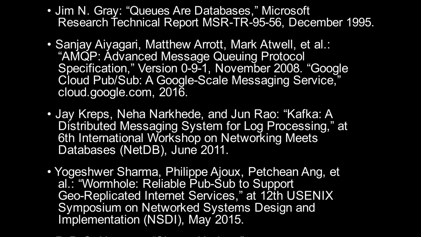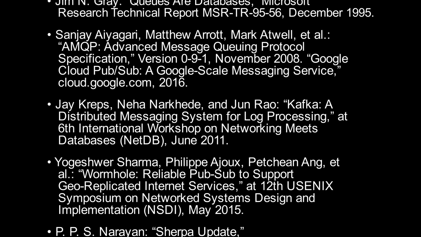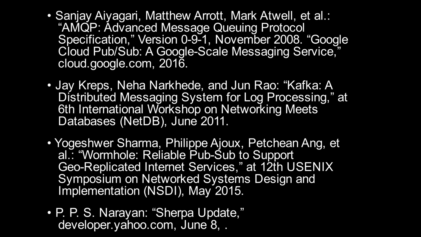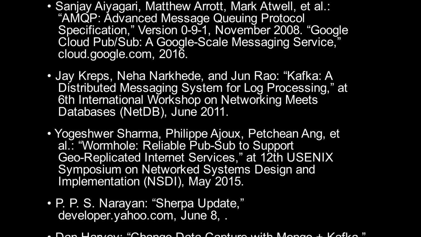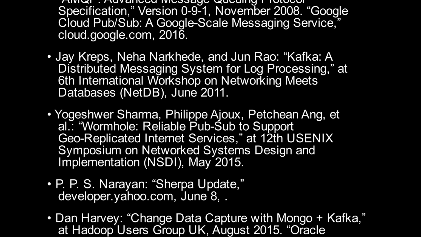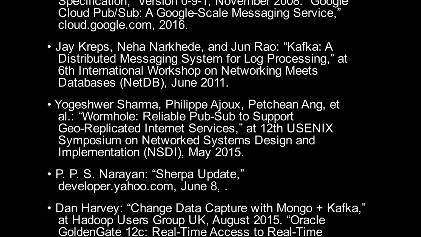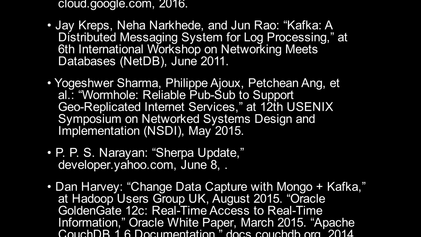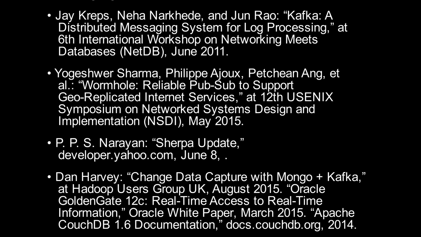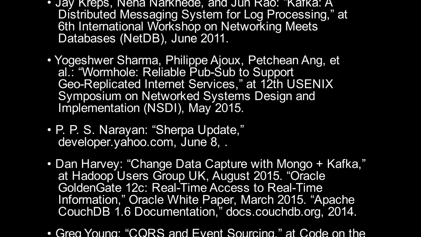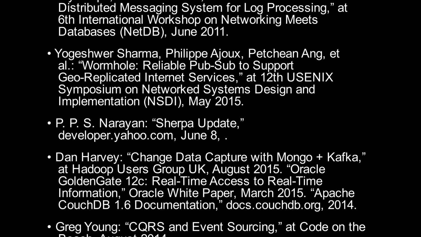Yogeshwar Sharma, Philippe Ajoux, Petchean Ang, et al.: Wormhole: Reliable Pub-Sub to Support Geo-Replicated Internet Services, at 12th USENIX Symposium on Networked Systems Design and Implementation (NSDI), May 2015. P. P. S. Narayan: Sherpa Update, developer.yahoo.com, June 2010. Dan Harvey: Change Data Capture with Mongo + Kafka, at Hadoop Users Group UK, August 2015.